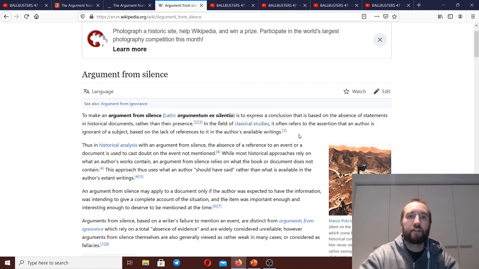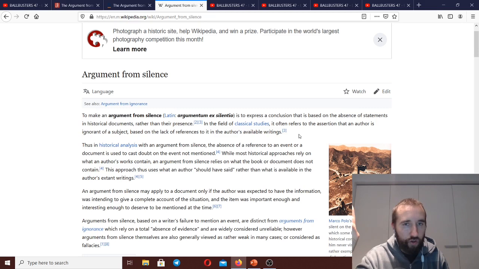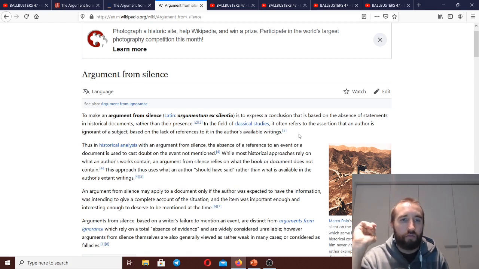Here it says, to make an argument from silence is to express a conclusion that is based on the absence of statement in a historical document rather than their presence. In the field of classical studies, it often refers to an assertion that an author is ignorant of a subject based on the lack of reference to it in the author's available writing.